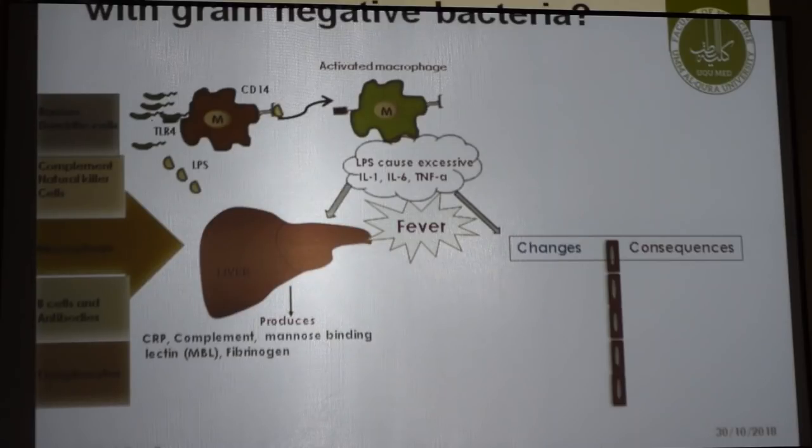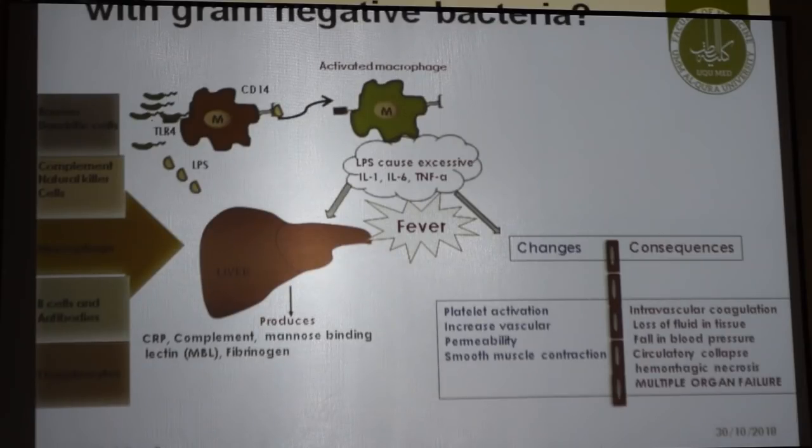You can see that IL-1, IL-6 and TNF-alpha are going to cause changes in the blood vessel. This red line indicates the blood vessel. What are the things they are going to cause? First, it will dilate the blood vessel. That's number one, vascular dilatation. Number two, the endothelial cells will space apart and the fluid is going to go out, so it will increase the permeability of the blood vessel wall.